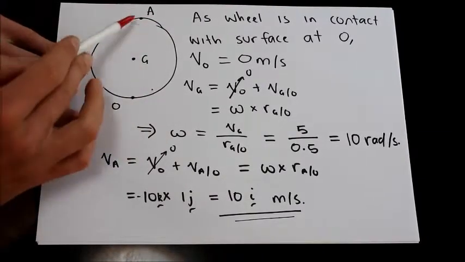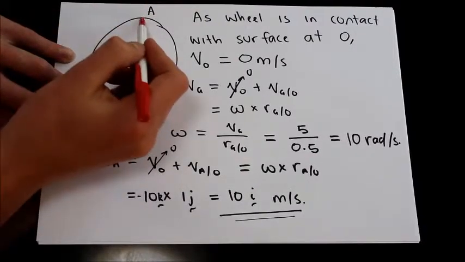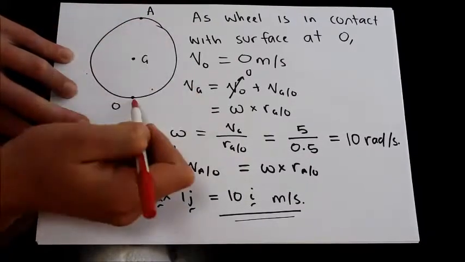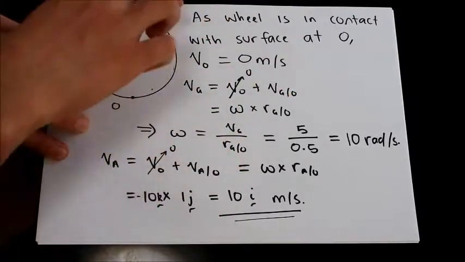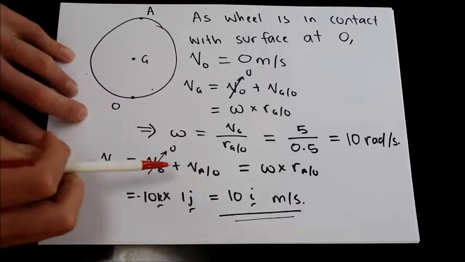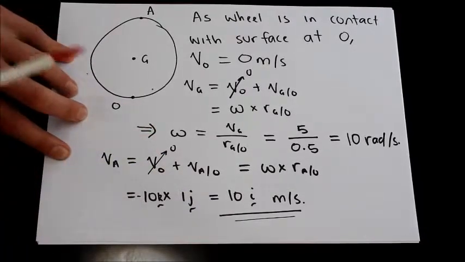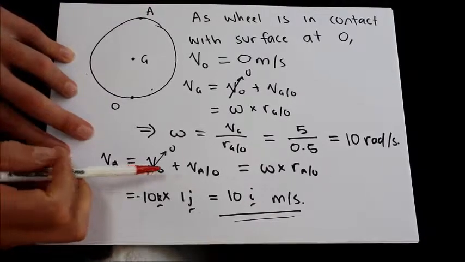Now, everyone knows that the maximum velocity point is at the top, because it's the furthest from O and spins about O the fastest. So the velocity of A is equal to the velocity of O, plus the relative velocity of A with respect to O, which is 0.